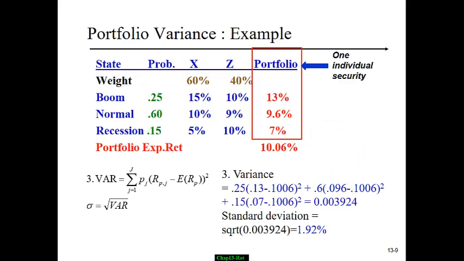Once we predicted portfolio returns and solved for expected returns, we use the variance formula for an individual security. Basically, we look at the deviation of return from expected return, then take the square, and multiply by the probabilities. We do this for each economy to get the variance. Lastly, take the square root.